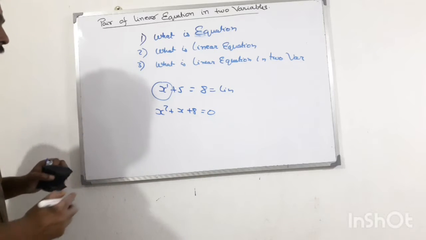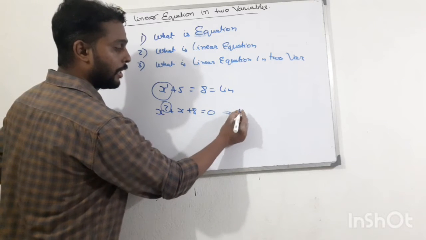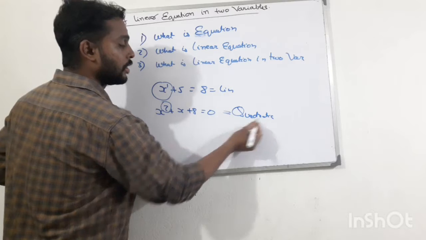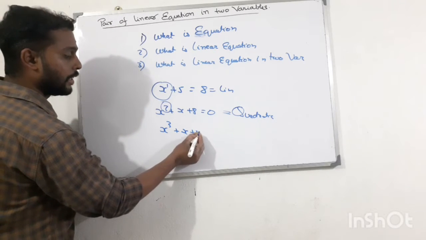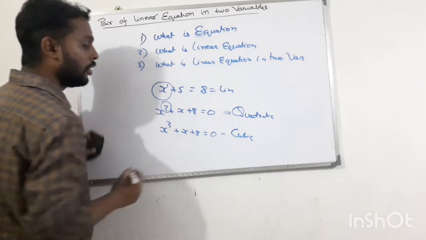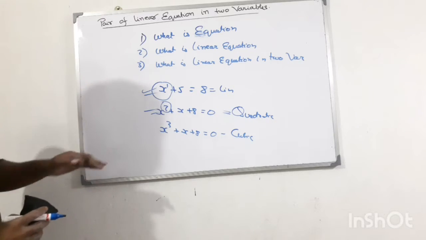Here x has maximum power of 2, so this is called a quadratic equation. When x has maximum power of 3, we call it a cubic equation. These two, linear equation and quadratic equation, we have to study in class 10.